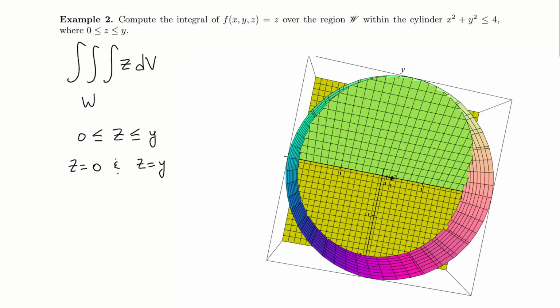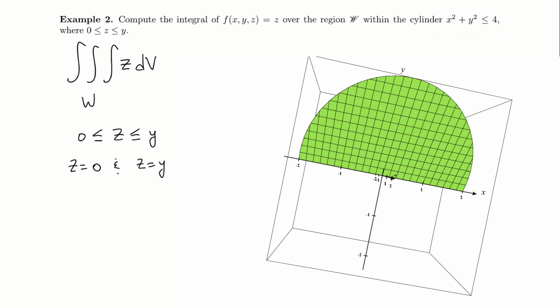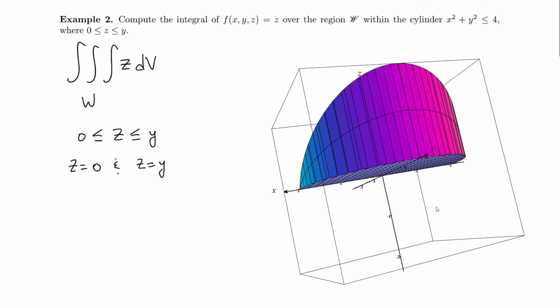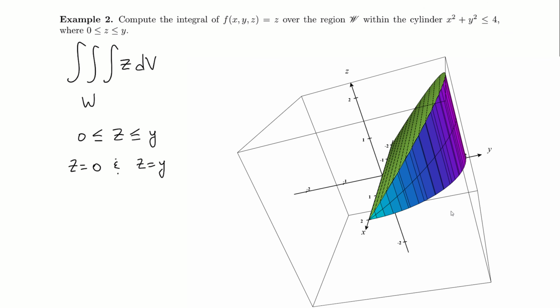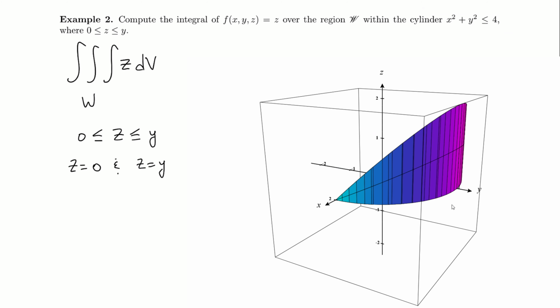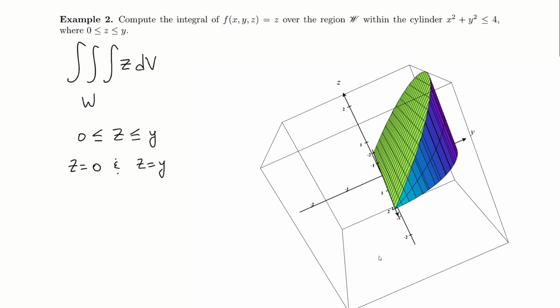Now let's delete the surfaces here, and now we can see our region perfectly, that little wedge. That is exactly what we are going to be integrating over, that three-dimensional volume right there.